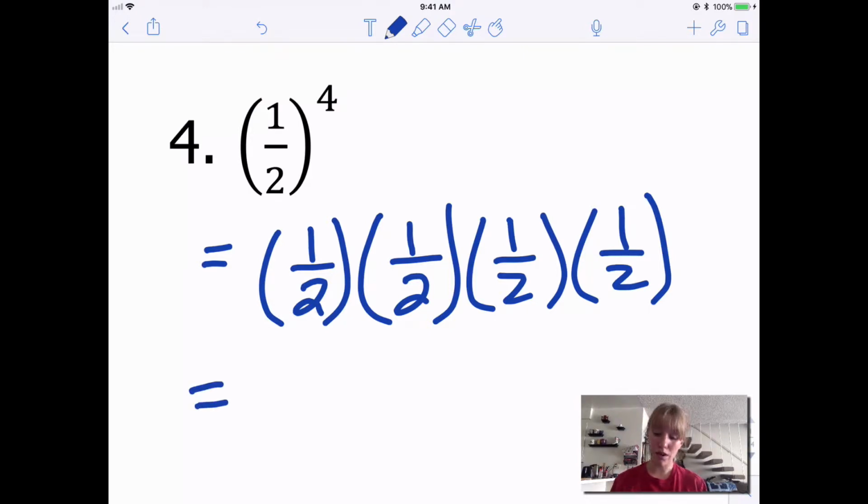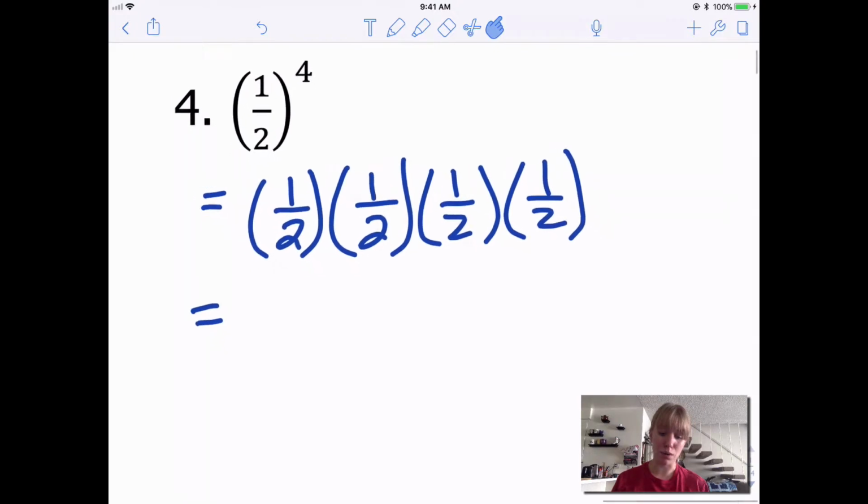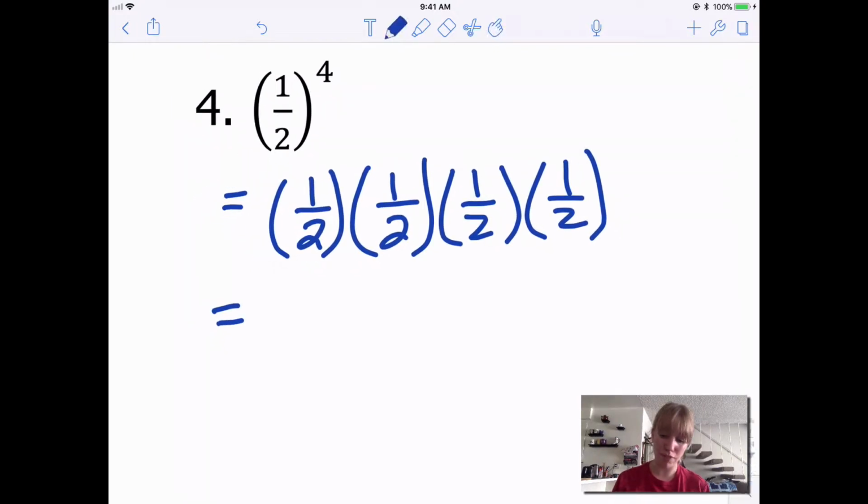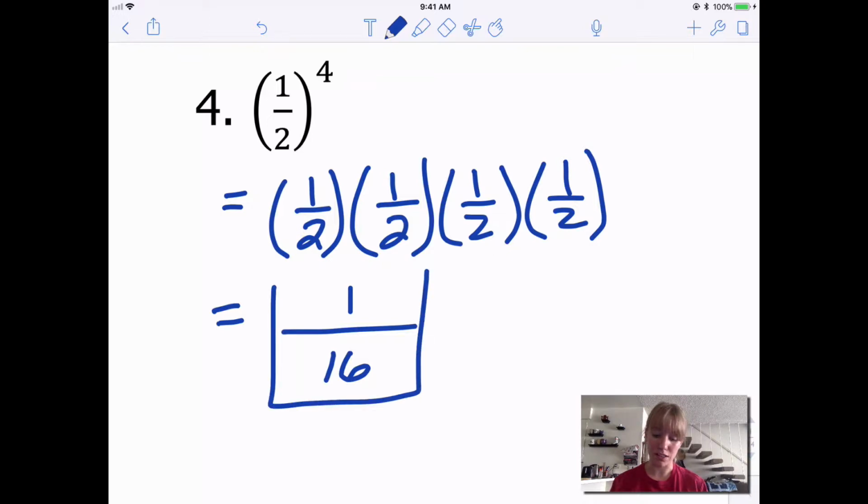So in this one, multiplying across the top is pretty easy. 1 times 1 times 1 times 1, that's just 1. So then on the bottom, I need to multiply 2 times 2 times 2 times 2. We've already done this 3 times. 2 times 2 times 2 times 2 is 16. So our final answer is 1 over 16.